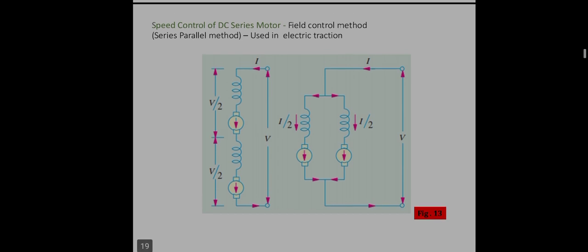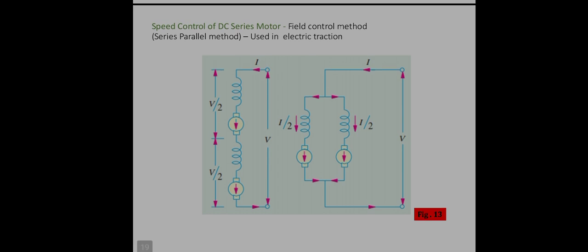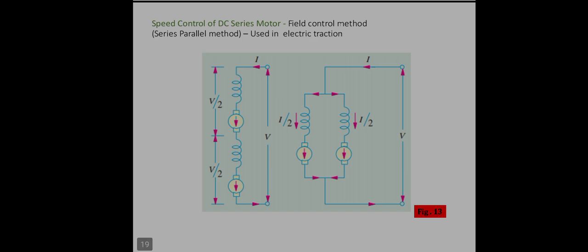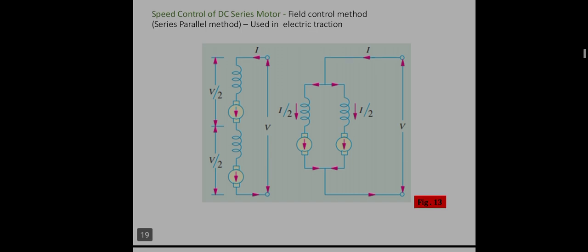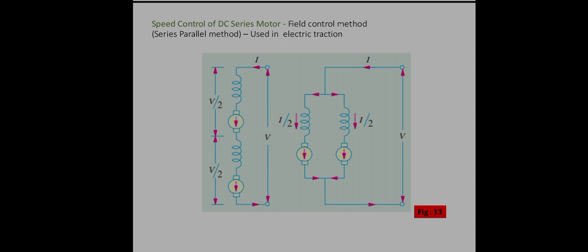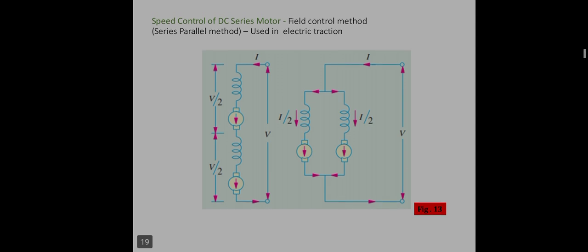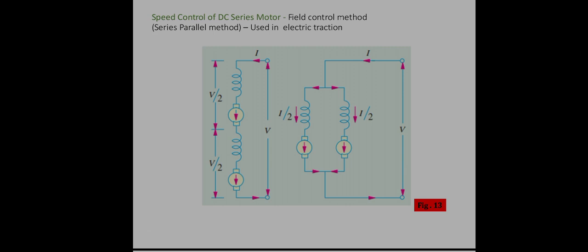Then the series parallel connection of series motors: two series motors are taken, and both can be connected in cascade or both can be connected in parallel with the supply. If it is connected in series, both will have the same current flowing, so that it is running at rated speed, but the voltage is divided.